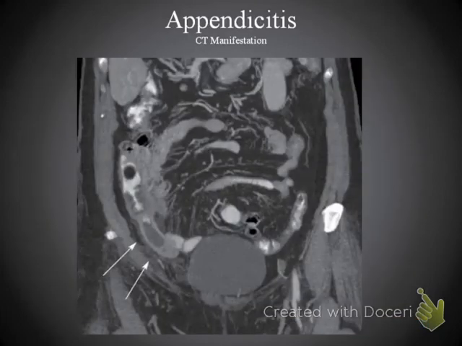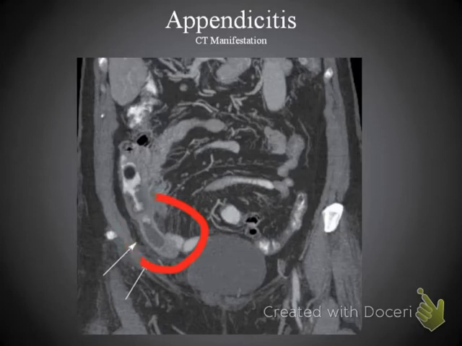This is probably the most impressive image of appendicitis here. We see that we have the cecum here, the ascending colon here, and coming right off of it we have the appendix. And I'm sure, as everyone can tell, this appendix is huge.